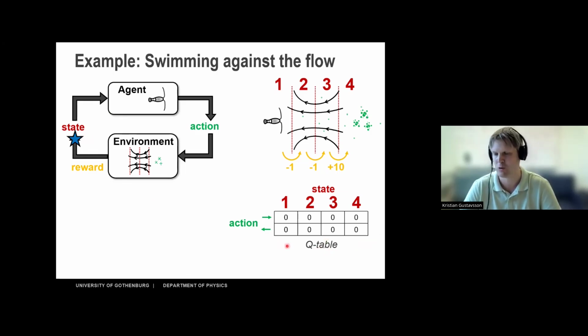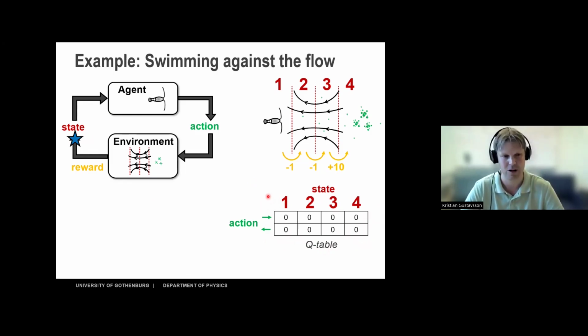This is something called Q learning. That's one way of doing reinforcement learning that we have used a lot because you can see what the strategy is, but there are also other options where you have neural networks instead of a table, and other methods for reinforcement learning.